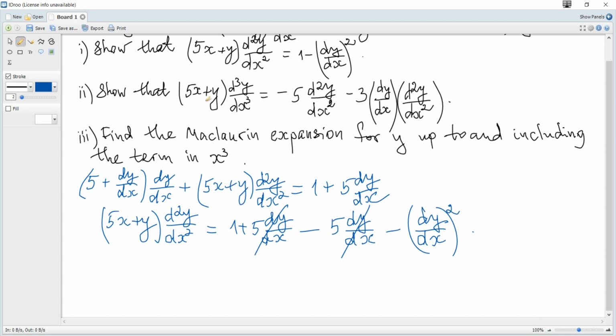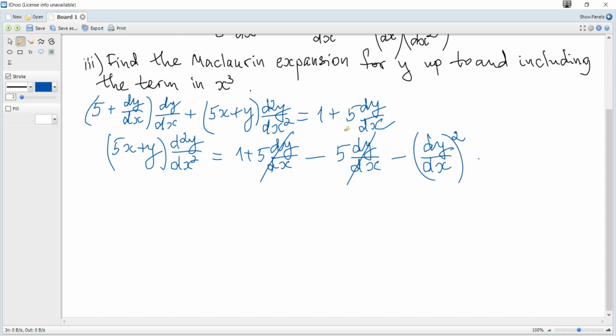The next part shows that, and we can see the third derivative, so we just differentiate it again.